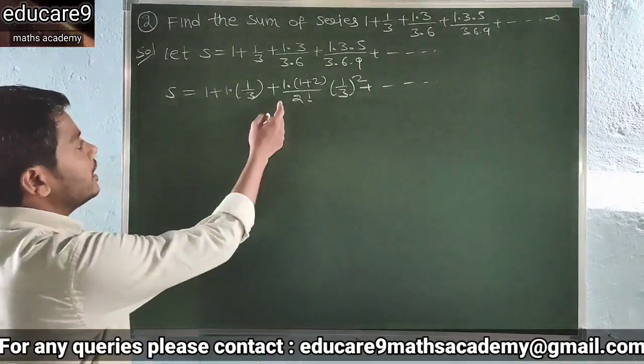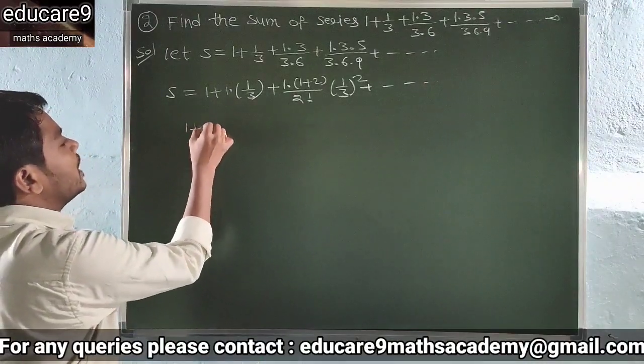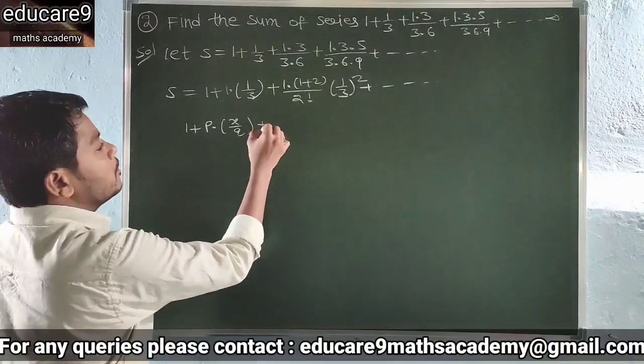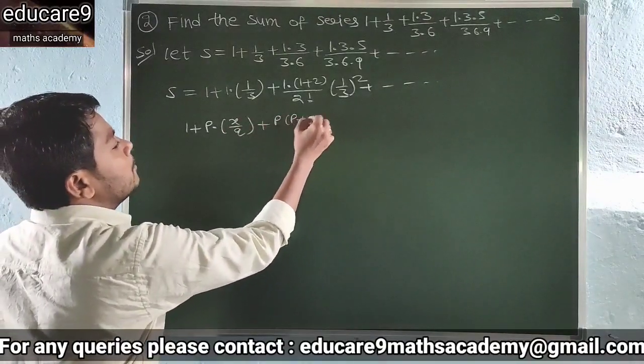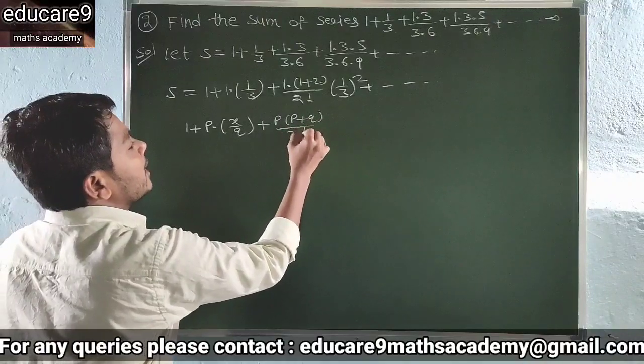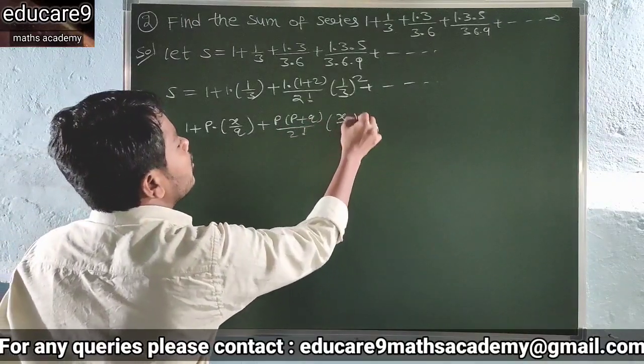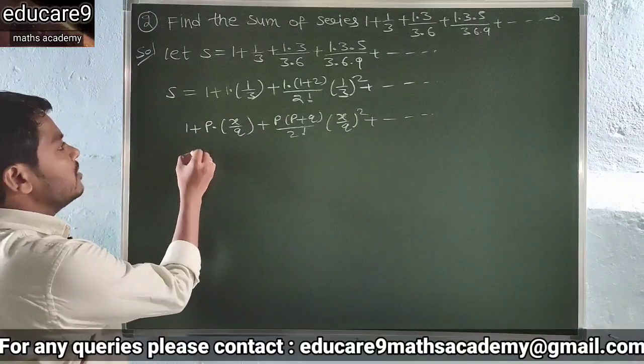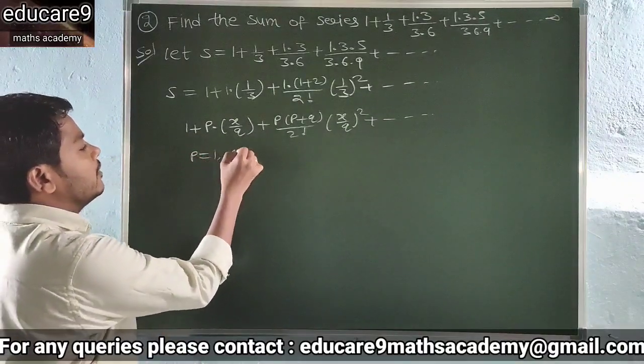Okay, so clearly it is in the form of 1 plus p into x by q, next plus p into p plus q by 2 factorial into x by q whole square and so on. So clearly what is the p value? P is equal to 1, and what is the q value?